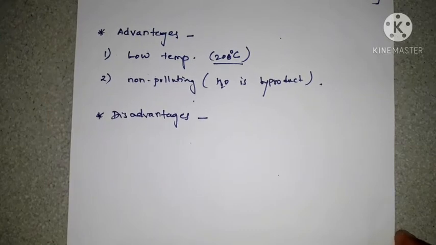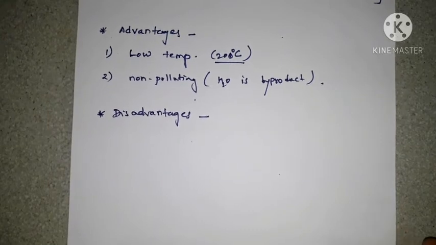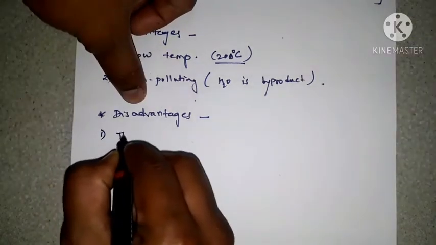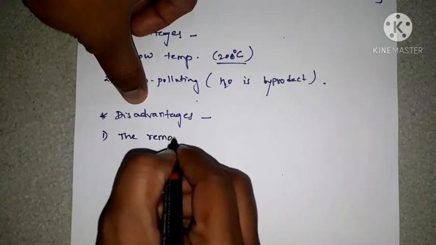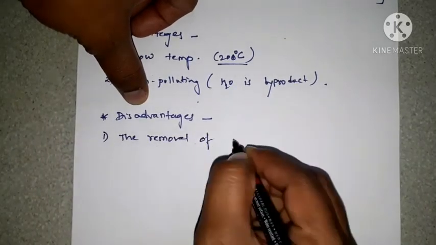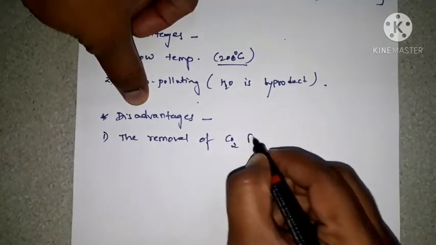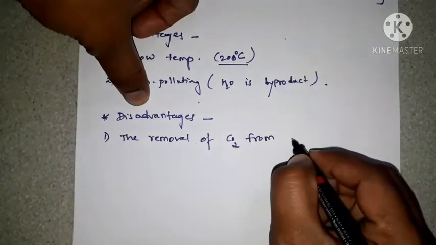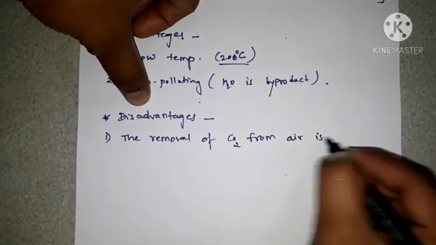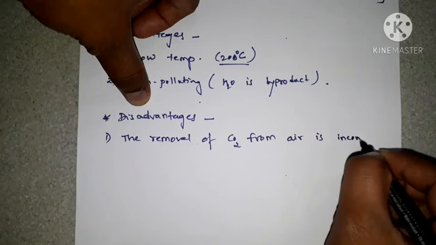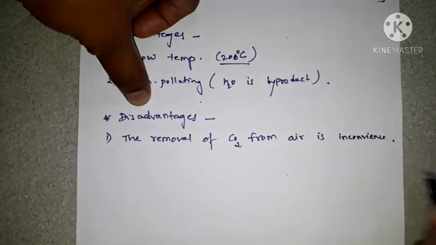First disadvantage is the removal of CO2 from air is inconvenient. Inconvenient means what?